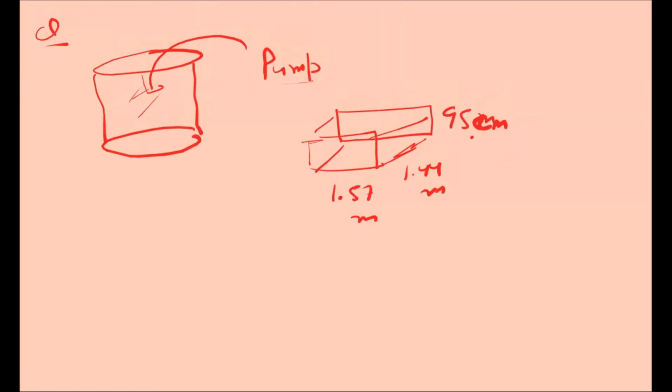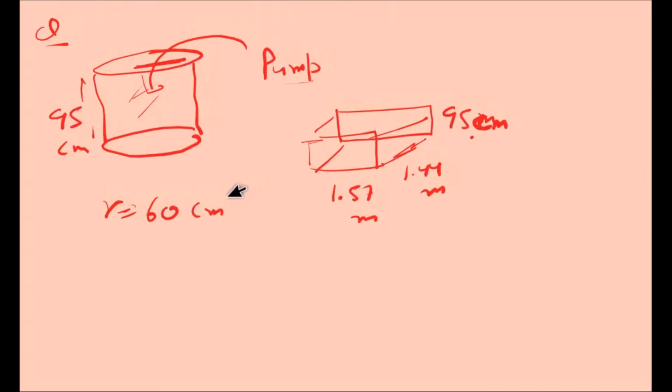The overhead tank has radius 60 centimeter. The radius of this tank is given, r equal to 60 centimeter, and the height of this is 95 centimeter.